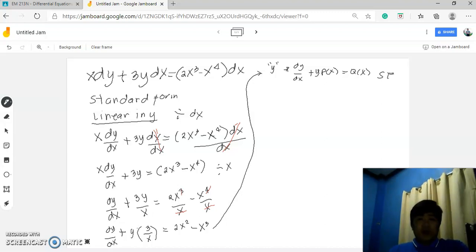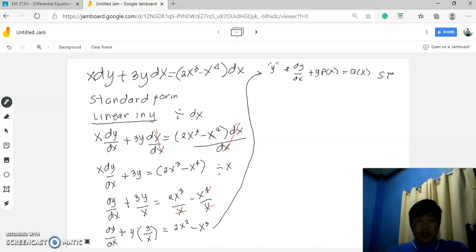If you look here, you have dy over dx, we have y here, and our p of x is 3 over x, and our q of x is 2x squared minus x cubed.